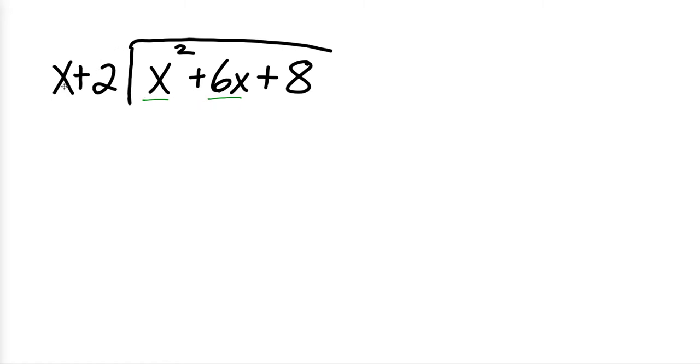What you're going to do is only look at the leading terms. So the x is the hardest part to match up. What would I multiply x by so that it would match x squared? X. So I'm going to multiply by x on top.